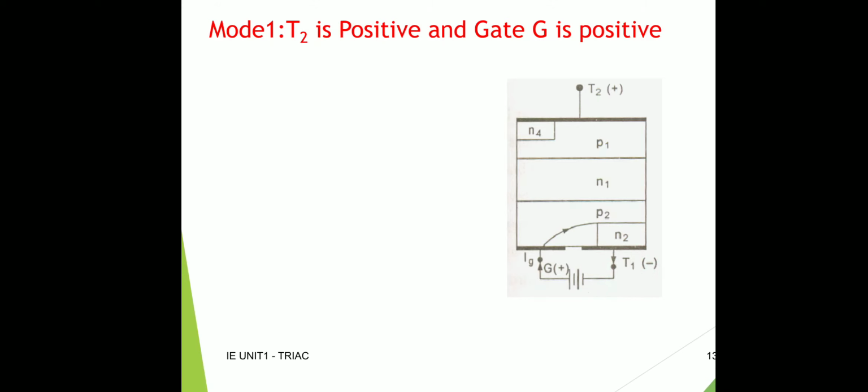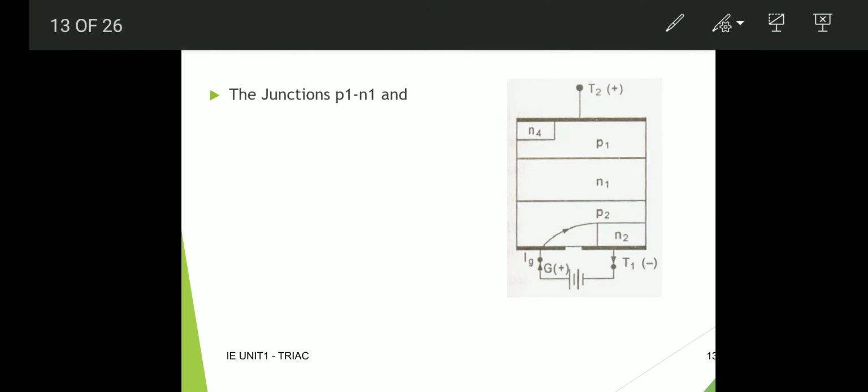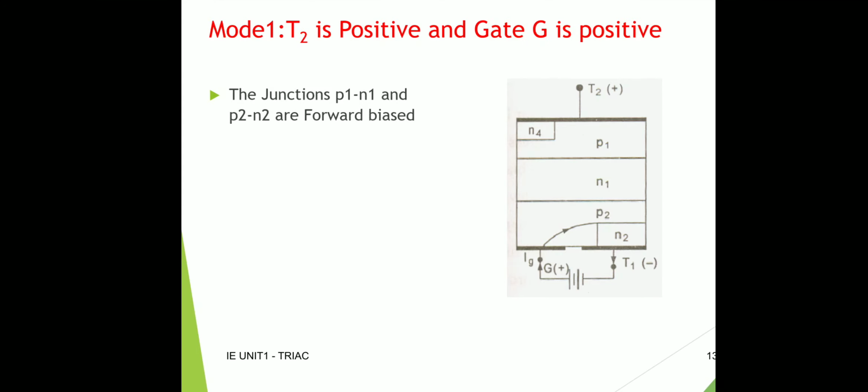When T2 and the gate are positive, the junctions P1 N1 are forward biased, and P2 N2 are also forward biased. Here the gate is positive with respect to T1, so P1 is connected to positive, P2 is connected to the positive terminal, and N2 is connected to the negative terminal.